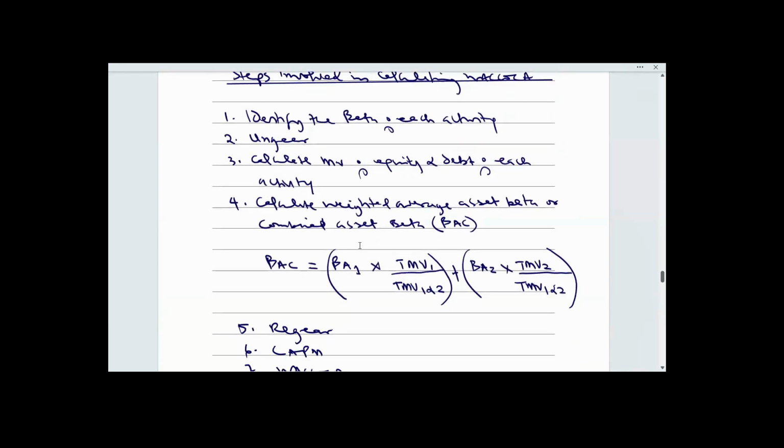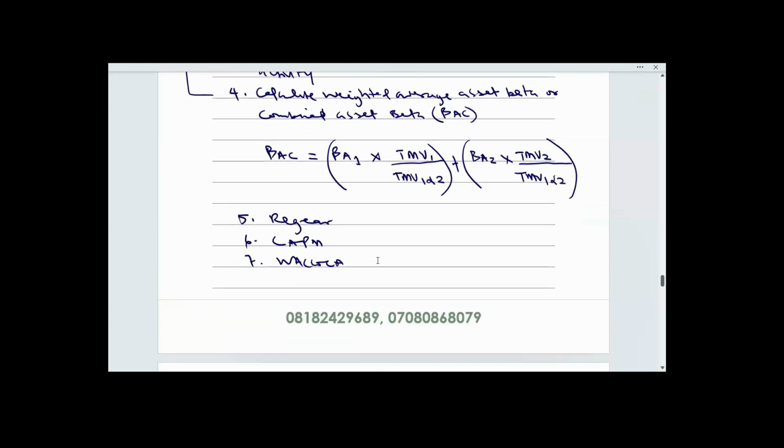So the only two additional steps that you have under WACOCA are step 3 and step 4. You already know how to calculate market value of equity and market value of debt. We did it under traditional WACC. It's still the same thing. How to regear, you already know.